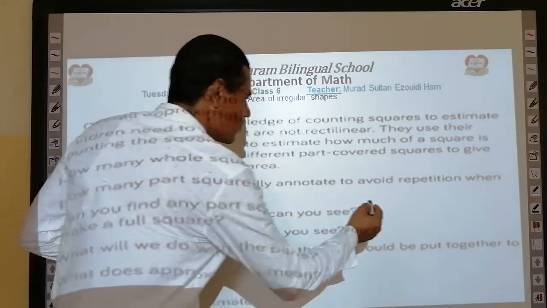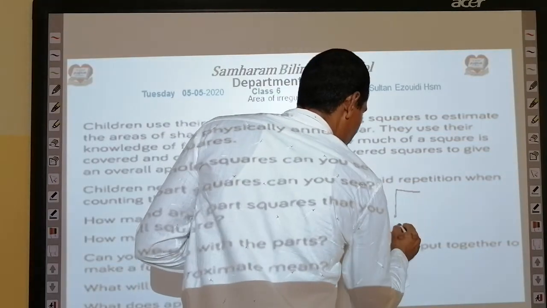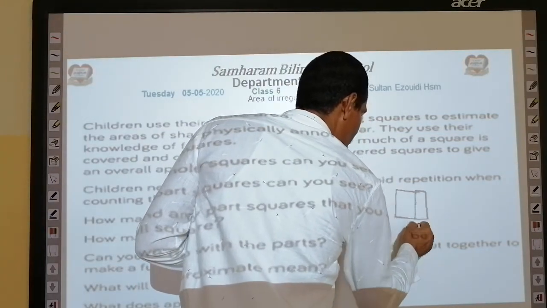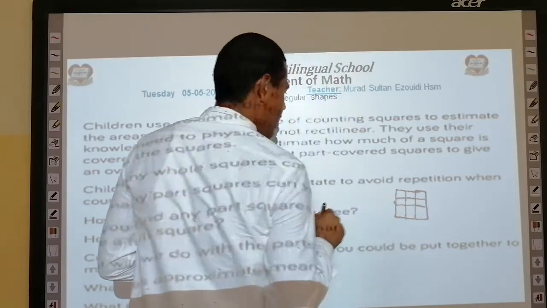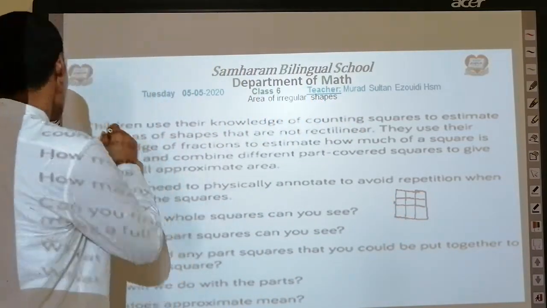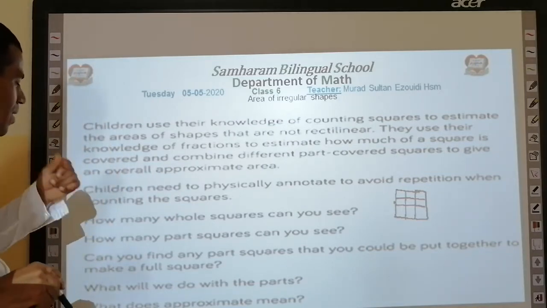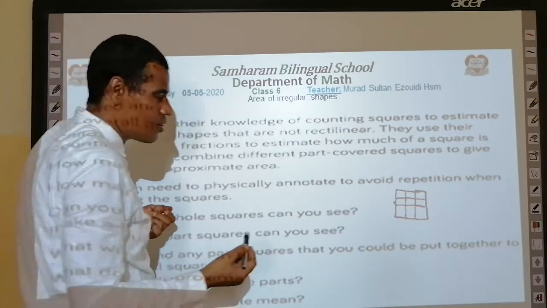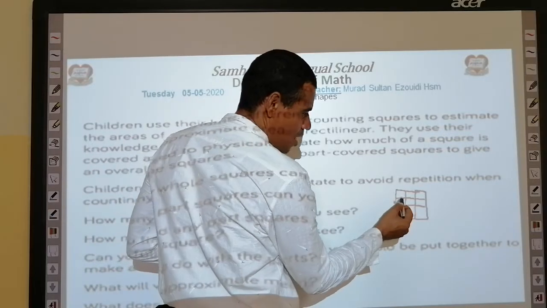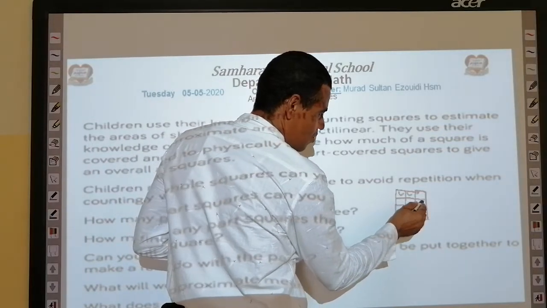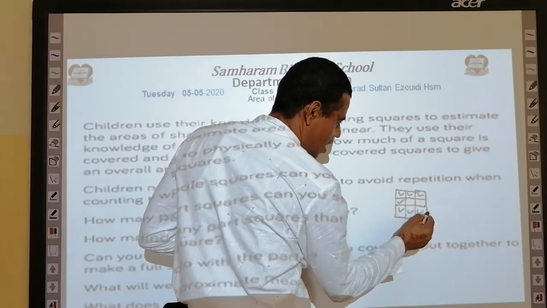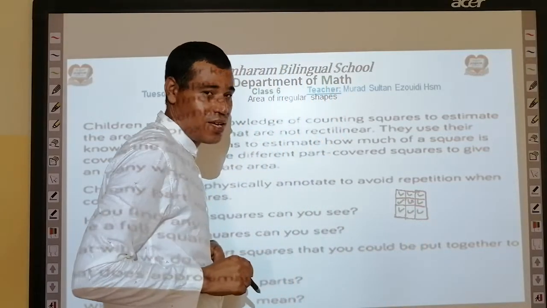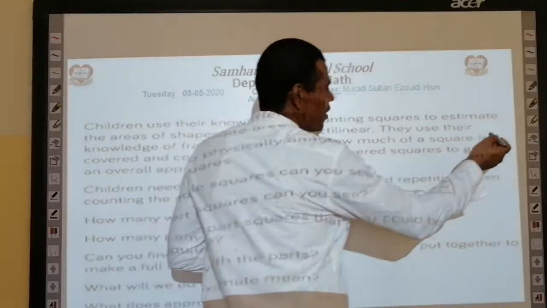For example, here, my learners, we divide this into 9 squares: 1, 2, 3, up to 9. How many whole squares can you see, my learners? For example, one student can count like that: 1, 2, 3, 4, 5, 6, 7, 8, 9, 10, 11.